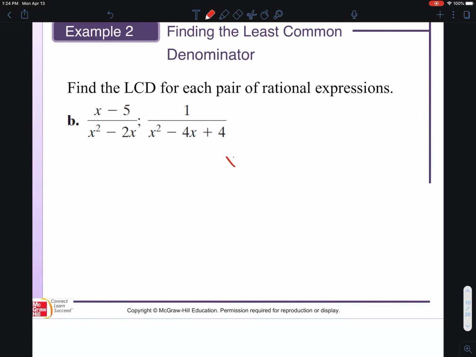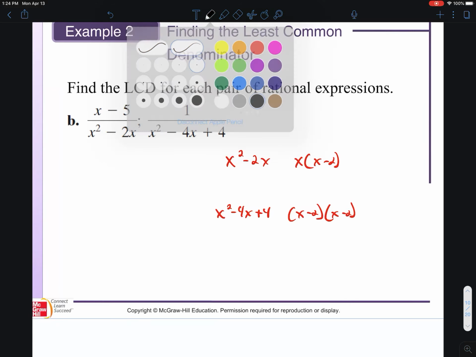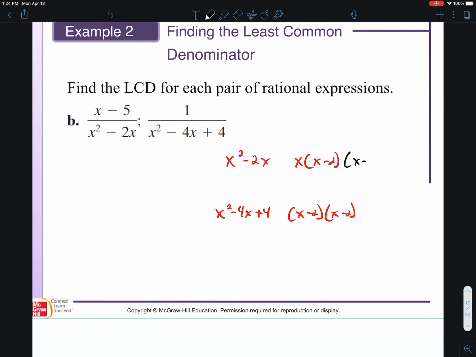This one, I have x squared minus 2x, and here I have x squared minus 4x plus 4. I'm going to factor out an x, and then this one is going to be x minus 2, x minus 2. You can see that the top one is missing an x minus 2, and the bottom one is missing an x.